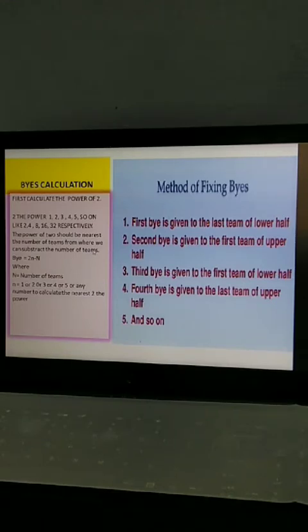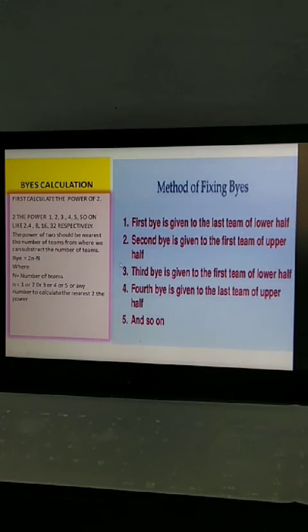So, the method of fixing byes. First bye is given to the last team of the lower half. In the previous video, as we know, we have to make two halves of the number of teams.